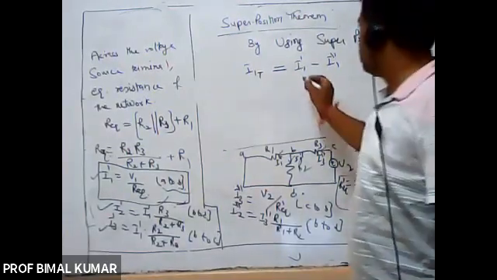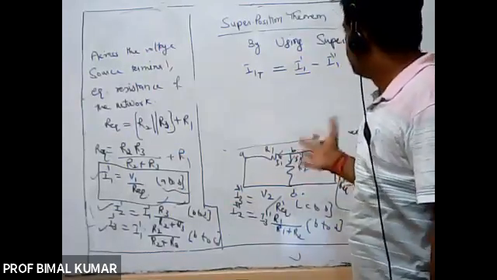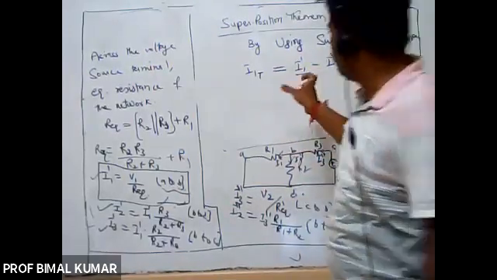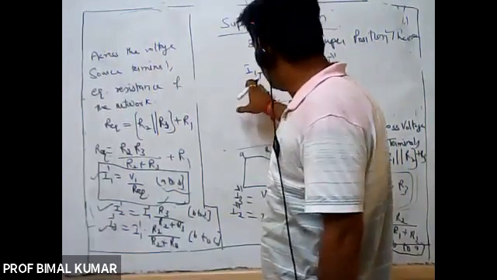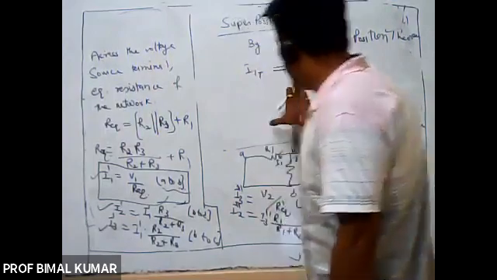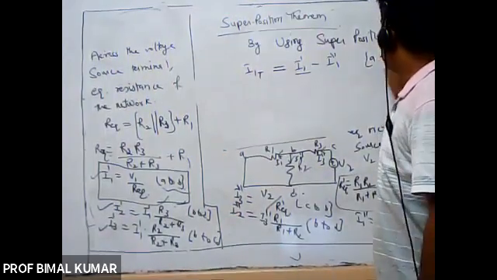So here I am assuming that I1 dash has the greater magnitude. So the direction of the current will be as per the direction of I1 dash. So I1 total is assumed to have the direction A to B, right?